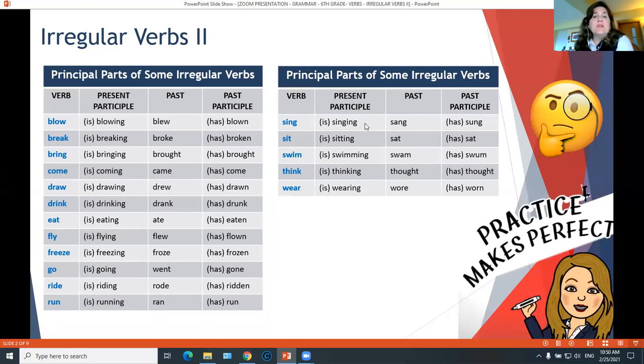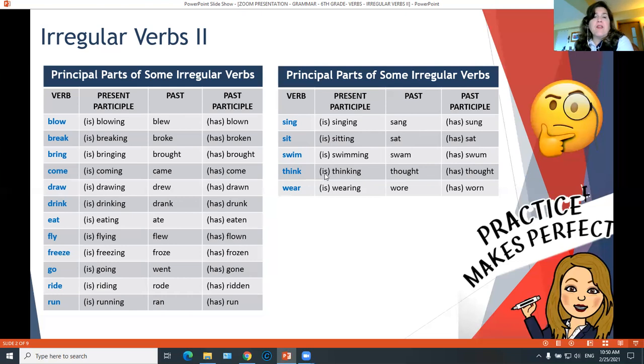In the present participle it is singing. In the past it is sang, and the past participle is has sung. The verb sit is sitting for the present participle, sat for the past, has sat for the past participle. Swim is swimming for the present participle, swam for the past, and has swum for the past participle.